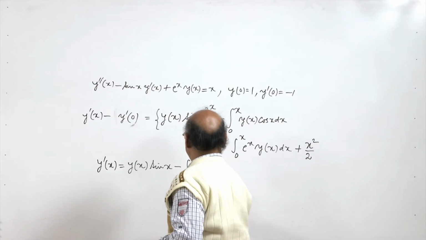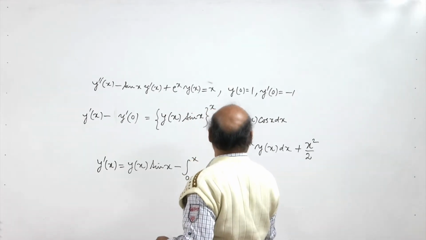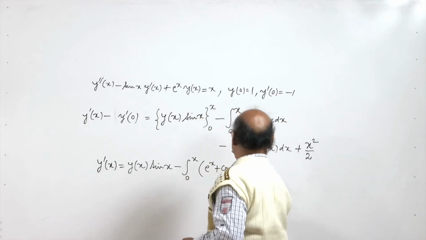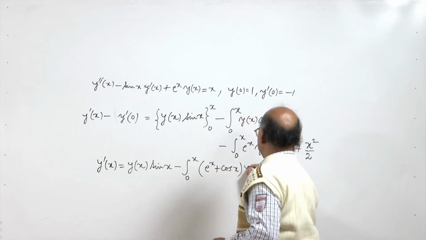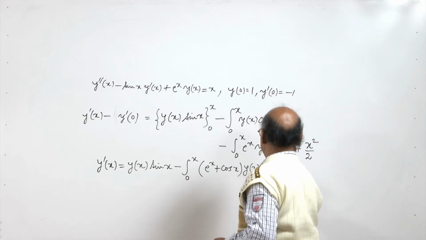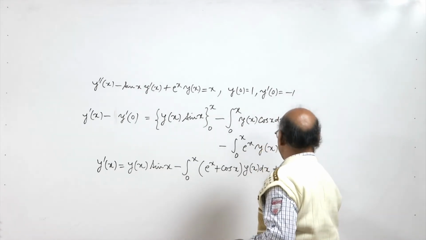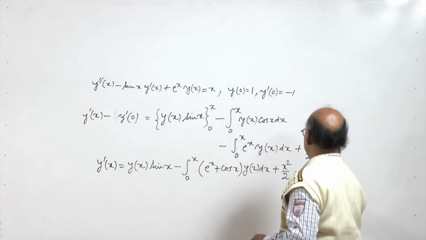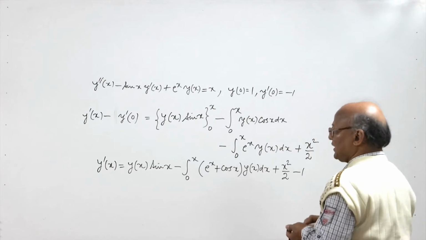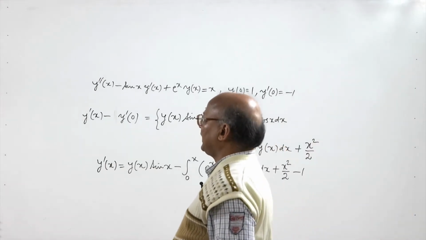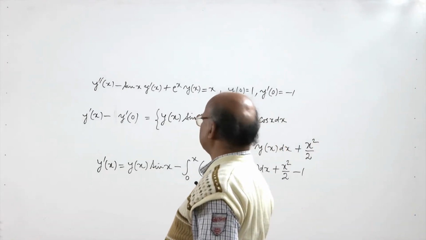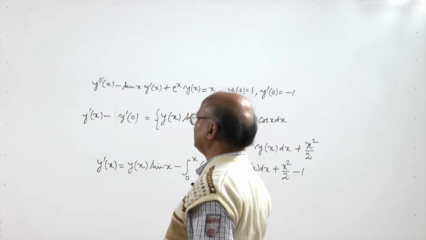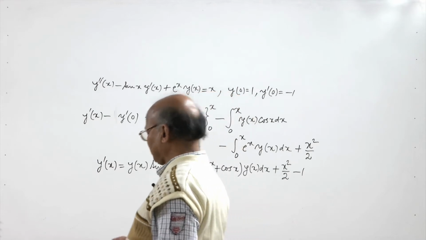So we shall write minus integral 0 to x of e to the power x plus cos x into y x dx plus x square by 2 plus y dash 0. y dash 0 is minus 1. So we have y dash x equal to y x sin x minus integral 0 to x of e to the power x plus cos x into y x dx plus x square by 2 minus 1.